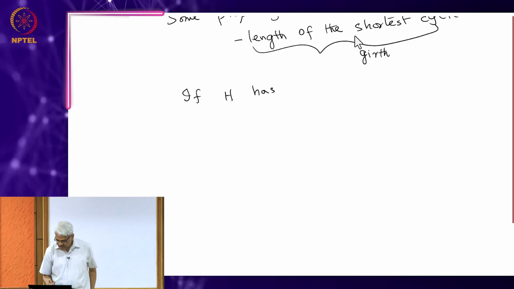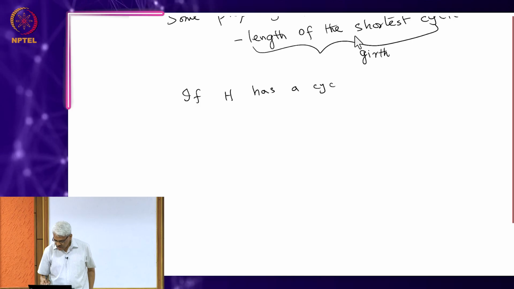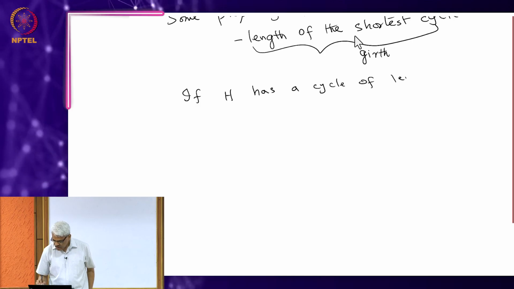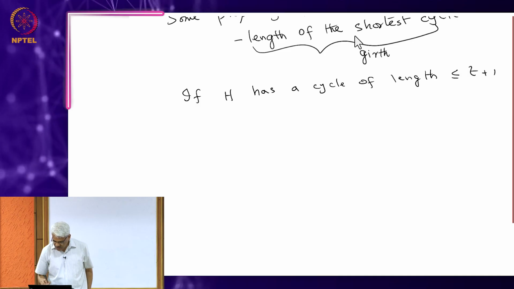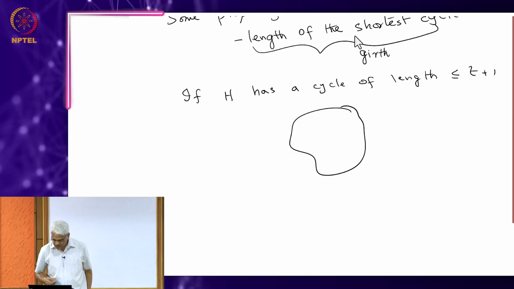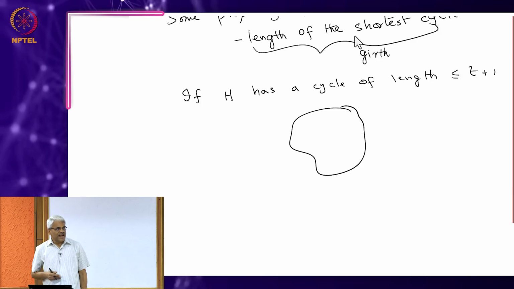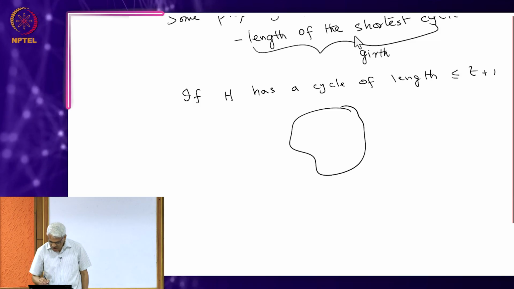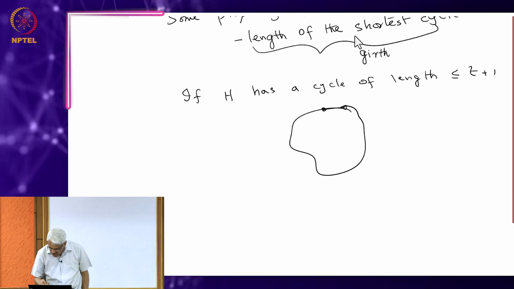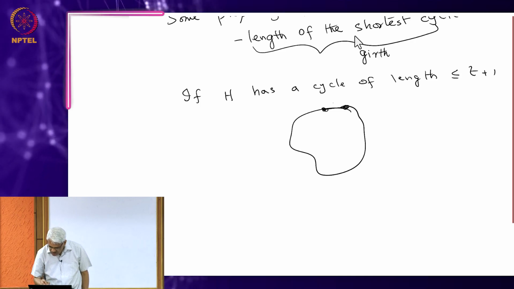If H has a cycle of length less than or equal to t plus 1, let us look at this cycle. And let's look at the last edge added in H in this cycle. Maybe this was the edge E, between x and y.